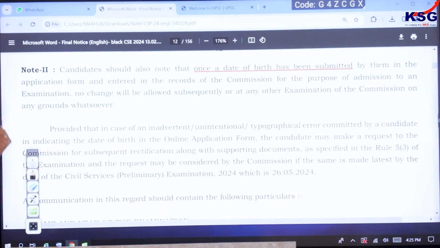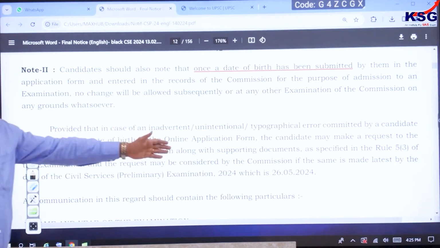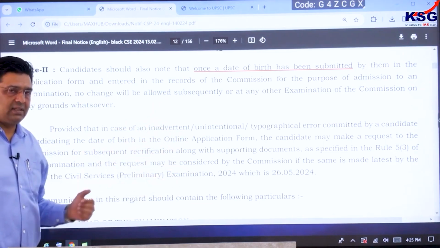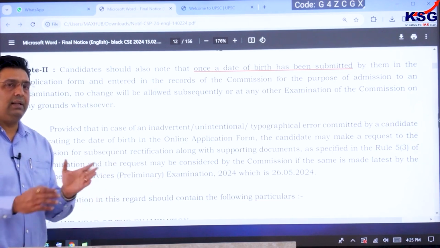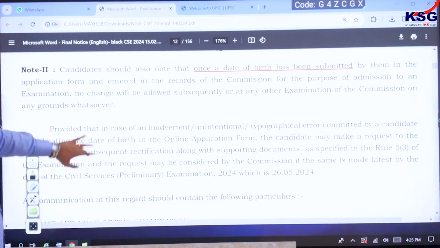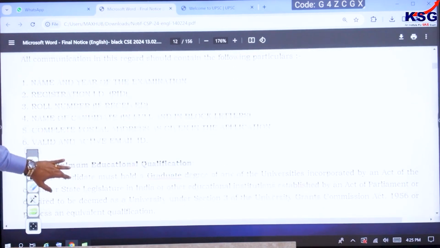However, yes, UPSC does clearly say that if there is an unintentional error, you would be given some form of assistance. However, I would tell you that unnecessarily आपकी परेशानी बढ़ जाती है. So make sure that you are very careful regarding how you fill up the form. Okay.